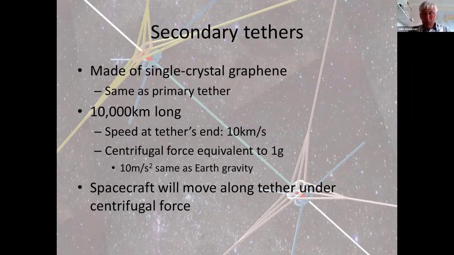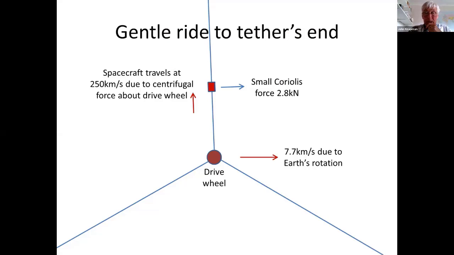And the spacecraft will move along them under centrifugal force, but they can go at a gentle speed. 250 kilometers per hour is sufficient because they'll gather speed as they go, picking up the speed from the tether and the wheels. So that way they get a gentle ride to the tether's end, much as we envisaged for riding along the primary tether as well. So there's a small Coriolis force acting on the tether, which will provide some drag, and so you have to have electric motors in order to balance out the momentum.